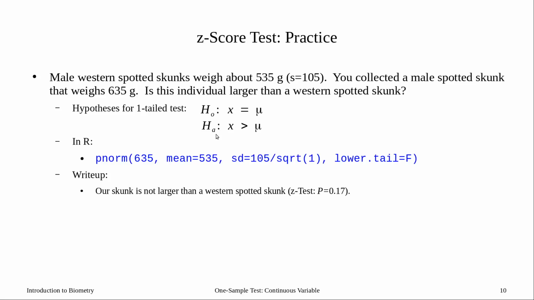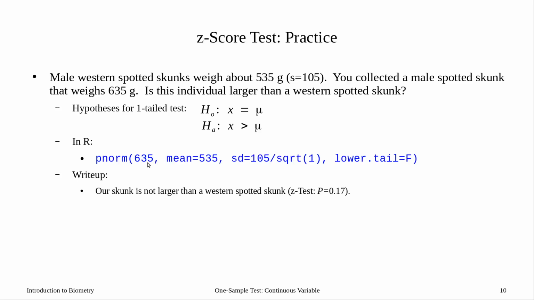So here's our hypothesis. Again, it's a one-tailed test because we've set up direction in our biological question. So we're testing if our sample X is equal to our population mean of mu. If not, then we're checking to see if X is greater than mu. In R, we use pnorm.